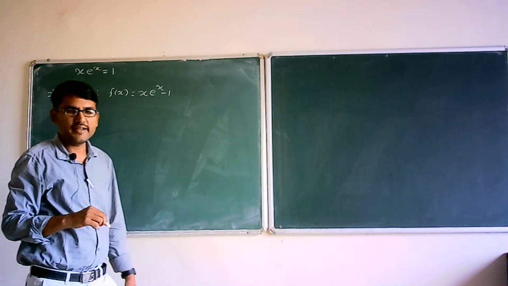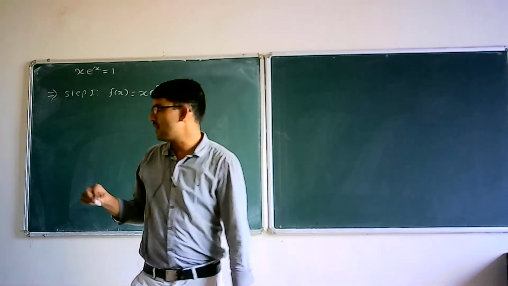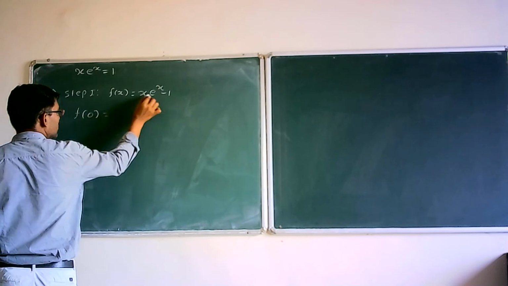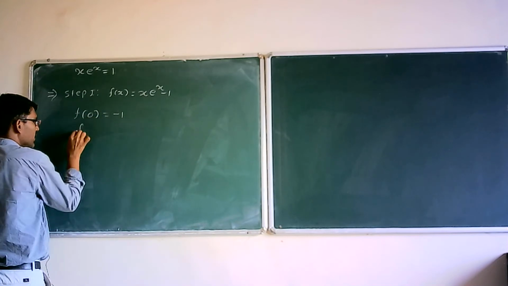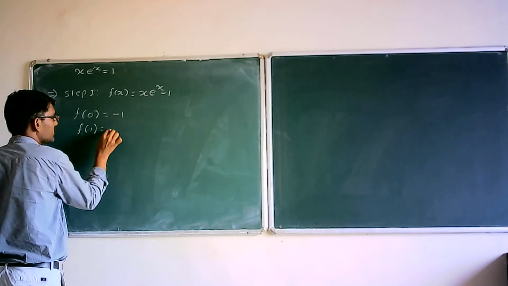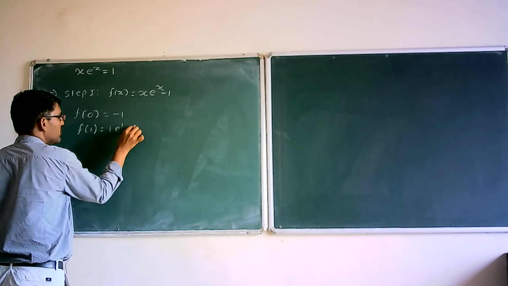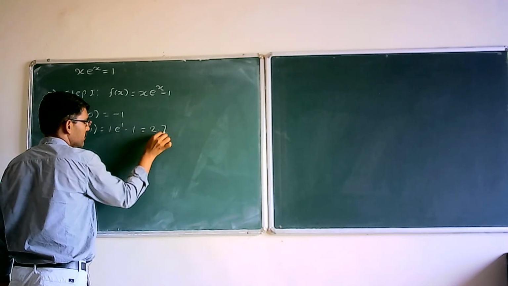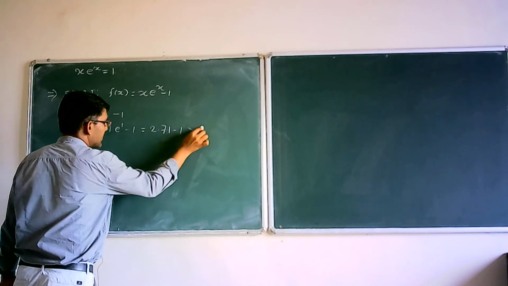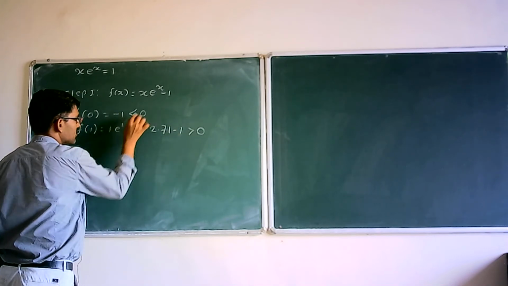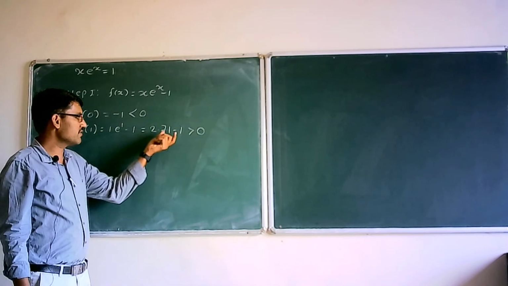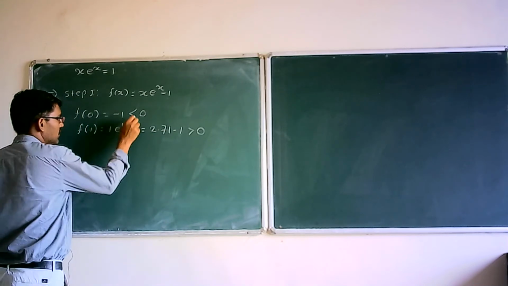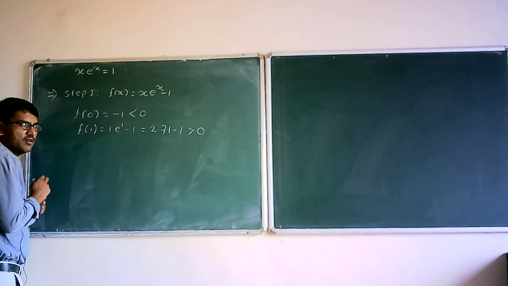Now to determine an interval containing the root, we always start from 0. So if you put f of 0, you will get 0 minus 1, which is minus 1. f of 1 is equal to 1 e raised to 1 minus 1. All of you know that e is 2.71, minus 1, so it is greater than 0. This is less than 0. If you observe, these two have opposite signs.